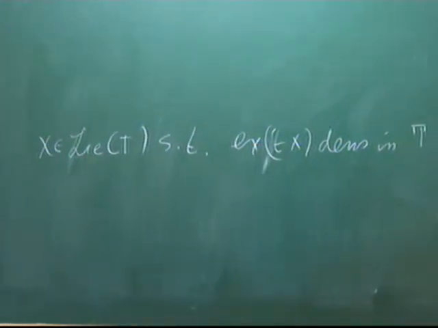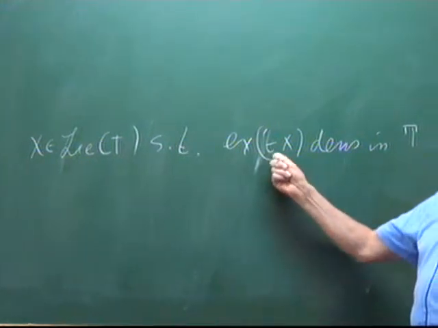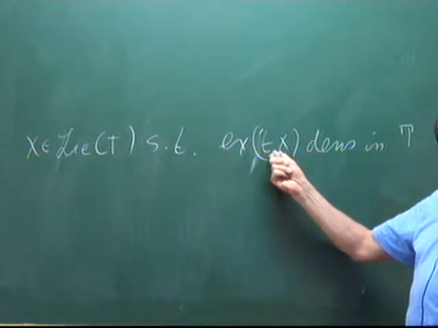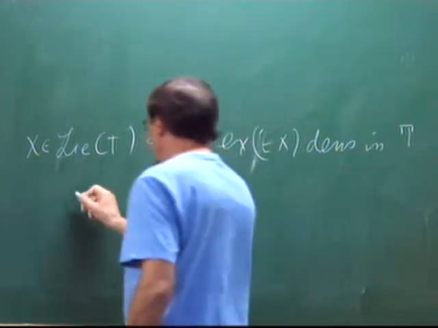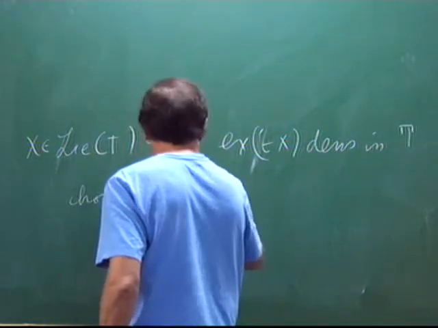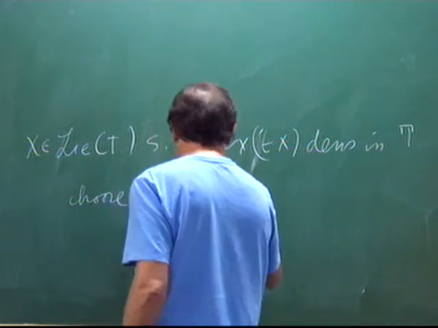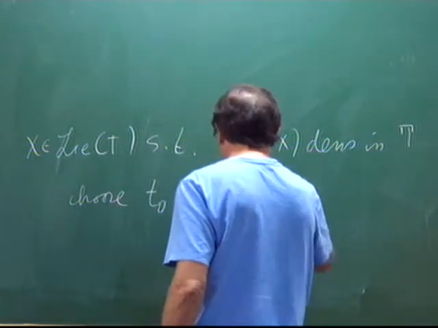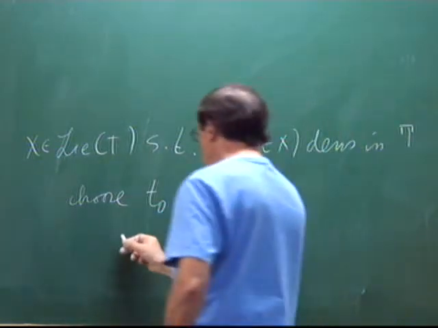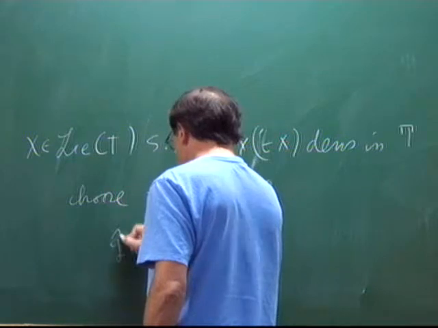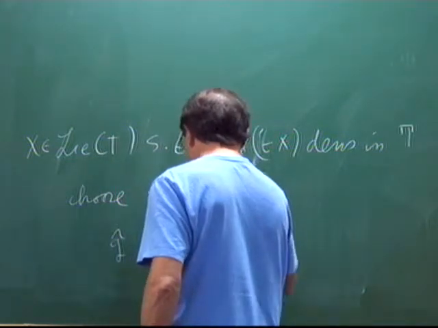And then, now I can have choices for t, so I choose t irrational. So choose t naught, say, irrational, and then let that be the element. So let's call it g tilde again.